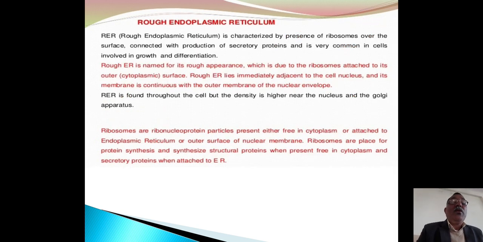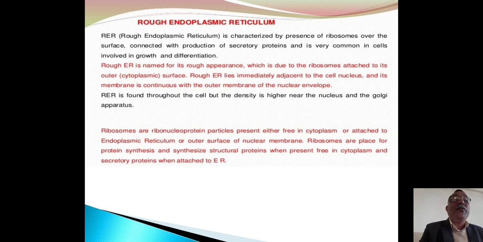Now we come to the rough endoplasmic reticulum. Rough endoplasmic reticulum is characterized by the presence of ribosomes over the surface, connected with the production of secretory proteins, and is very common in cells involved in growth and differentiation. Rough ER is named for the rough appearance, which is due to the ribosomes attached to its outer cytoplasmic surface.